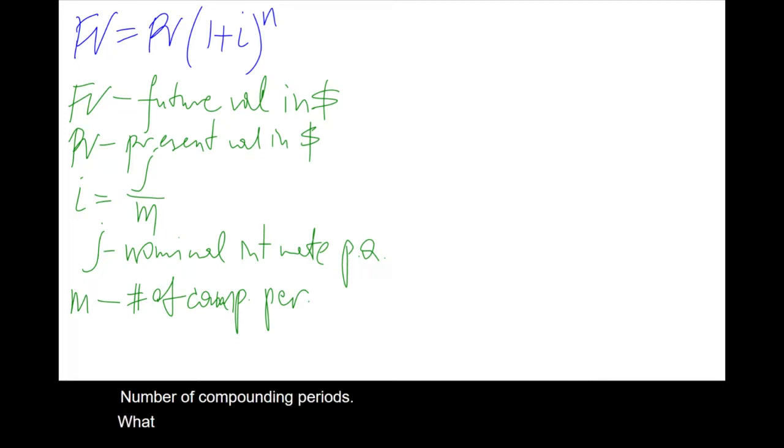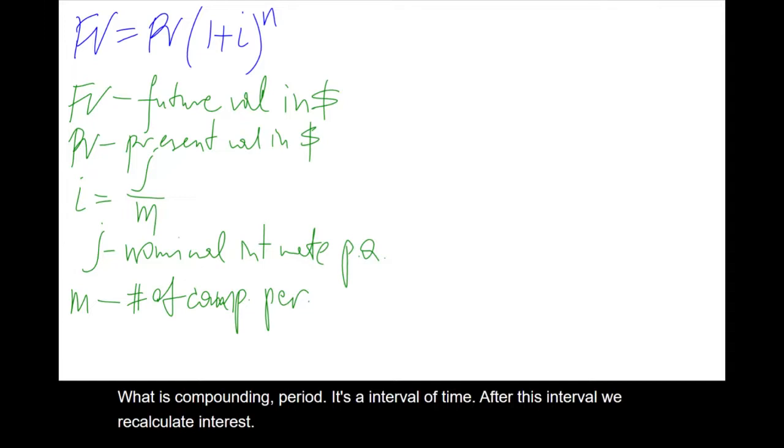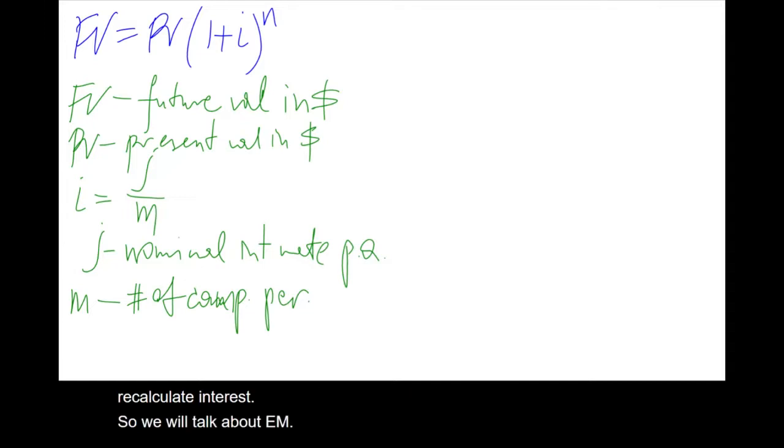What is a compounding period? It's an interval of time. After this interval, we recalculate interest. We will talk about m in more detail in a moment.